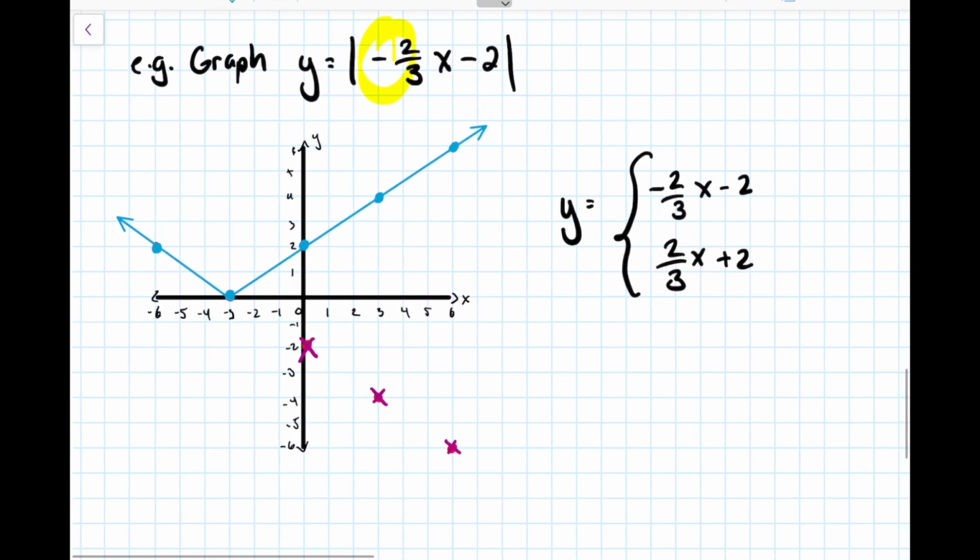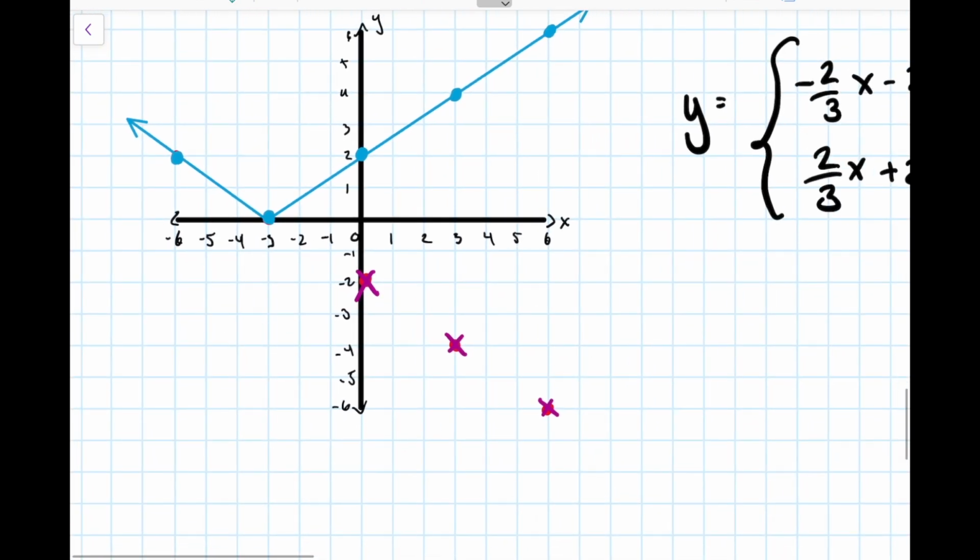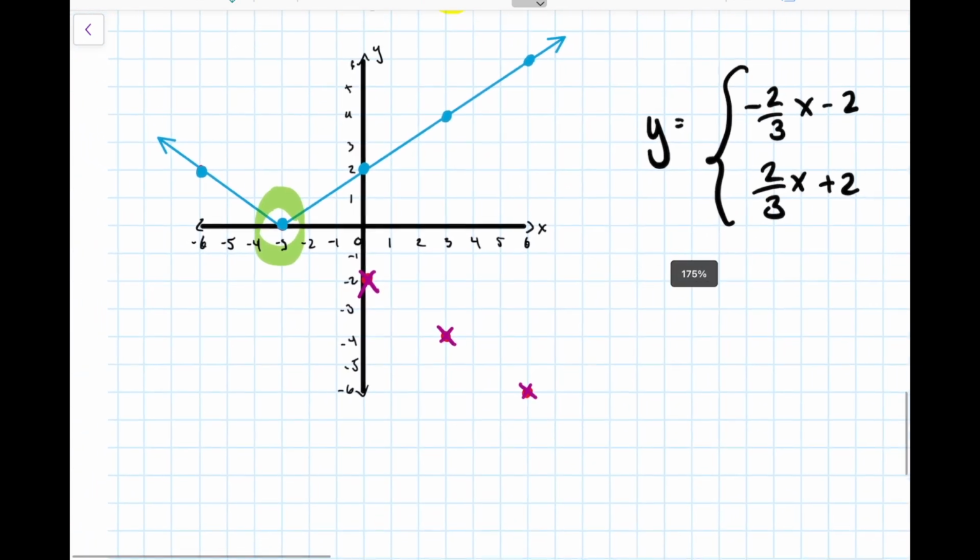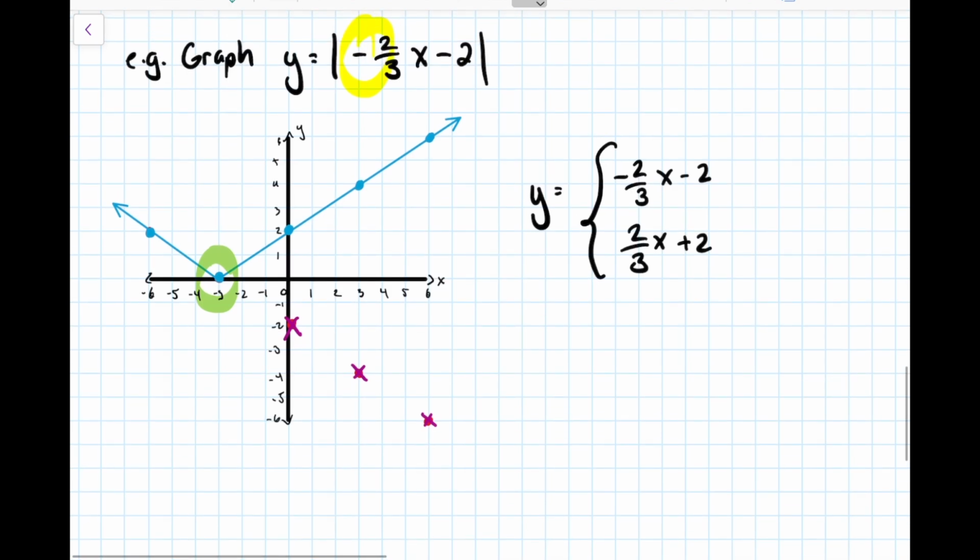The point where we change is at our x-intercept, which is down here at negative 3. So regardless of which one I'm looking at, both of these are going to be based off x being around negative 3. It's just a question of whether we want to be bigger than that or smaller than that.